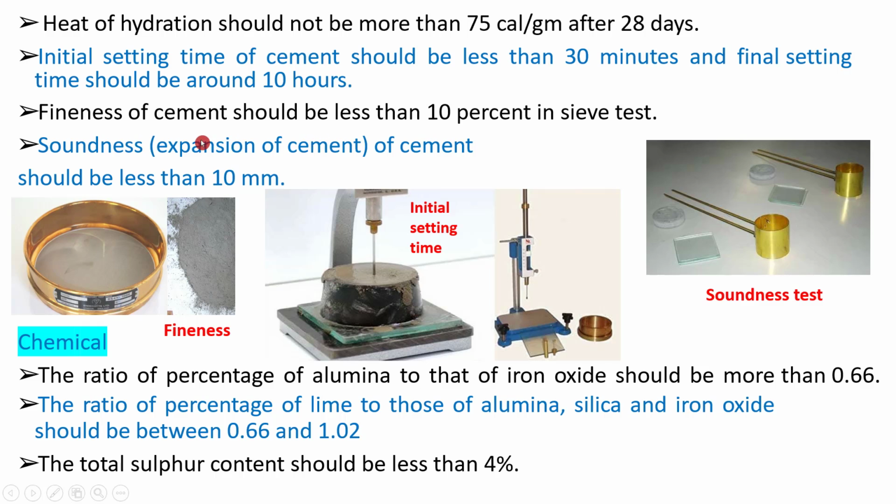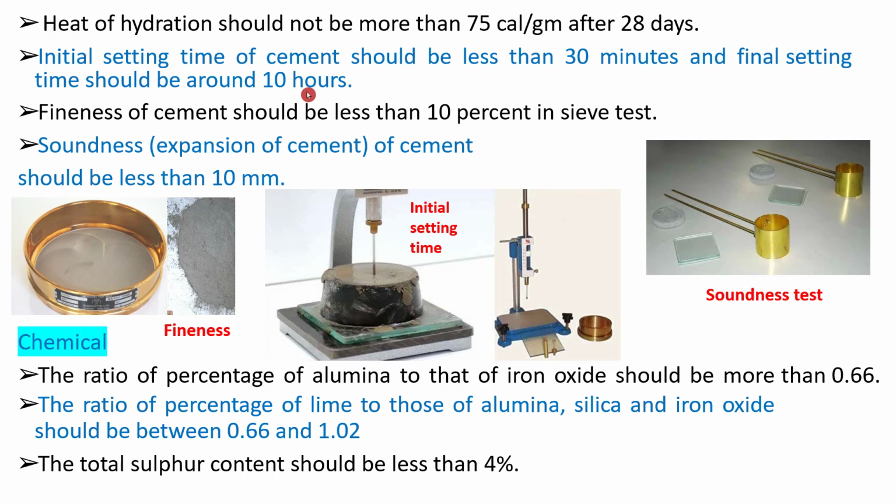If water is poured directly onto the clinker, the clinker will set instantly. So when we add gypsum to the clinker, it makes the cement, and even when we add water to the cement, it will not set before 30 minutes, and the final setting time should be around 10 hours. Final means getting hardened time. This is just set time, this is getting hardened time.